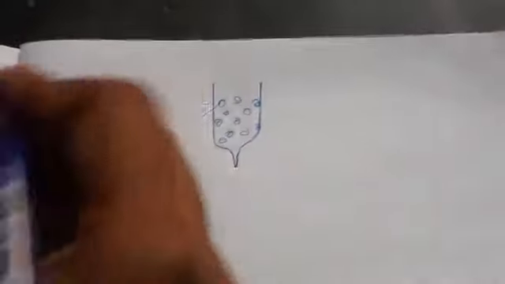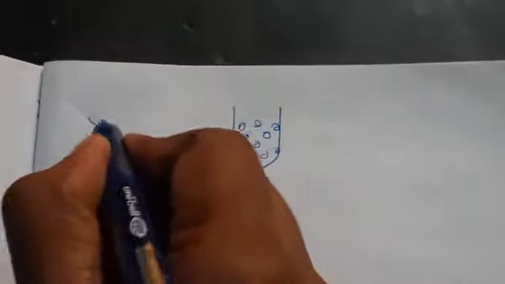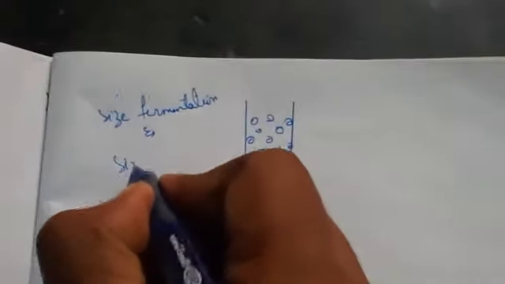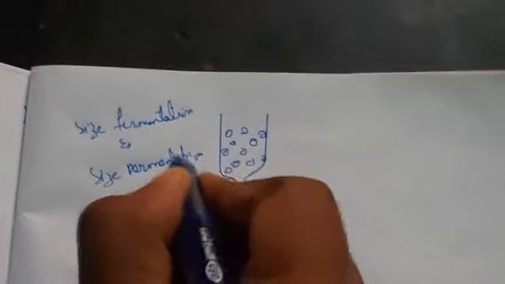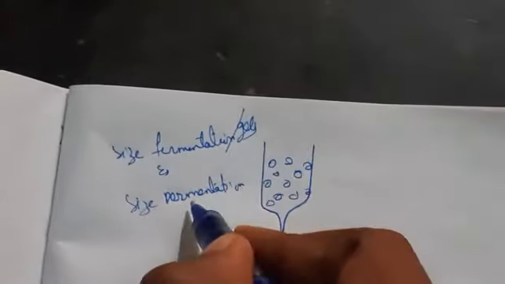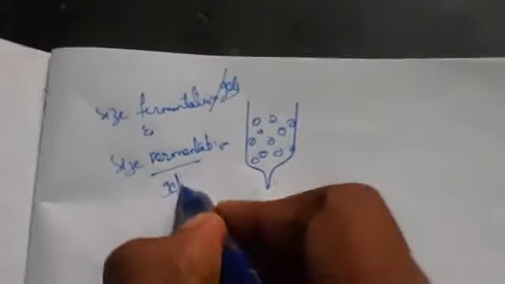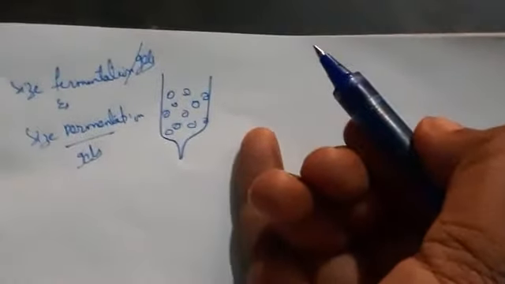Inside, the molecules are attracted to the stationary phase. Size exclusion is different from fermentation. Here we are going to use gels. Gels are a very sticky compound, as we know. So this is the stationary phase.